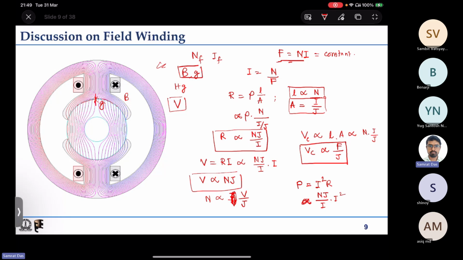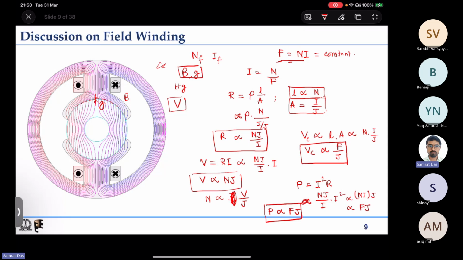So one I gets cancelled, we only have one I left. So we finally have N into I into J. So that N into I is nothing but F. So F into J. So we have power loss proportional to the MMF multiplied by J. So this is the next key equation that we have got.